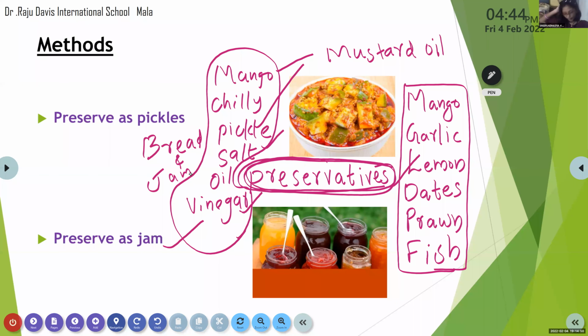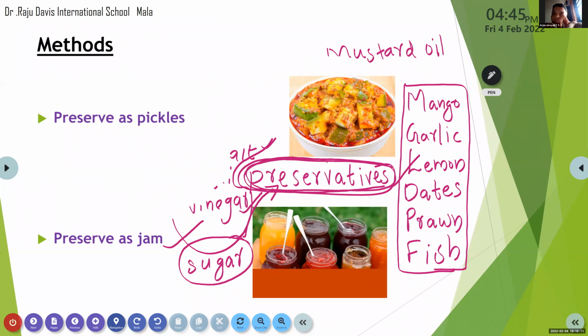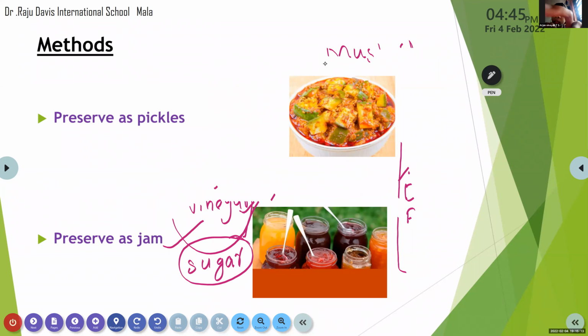So in order to make this jam, we add some sugar. In the case of jam, the sugar acts as a preservative. So which are the preservatives we add in pickles? Vinegar, oil, and salt.